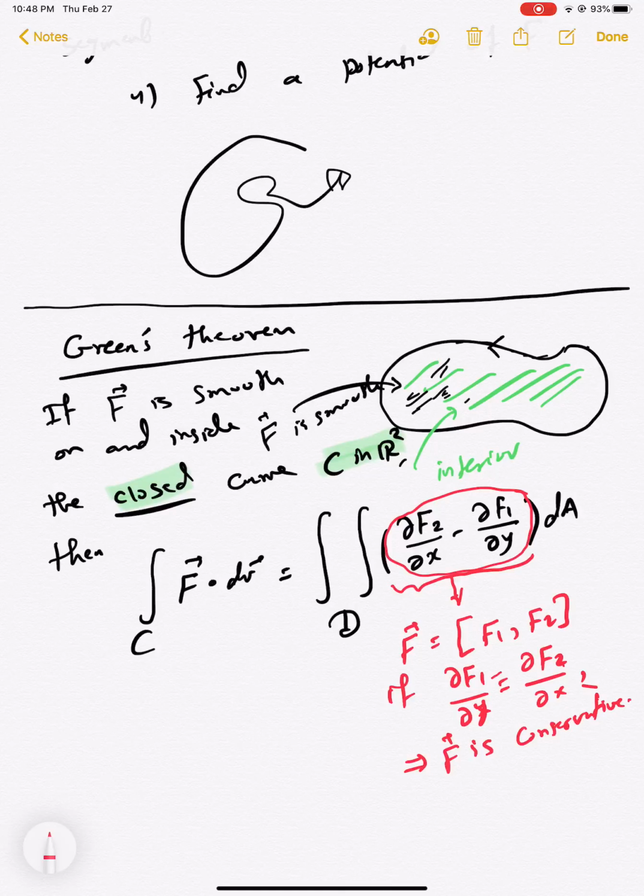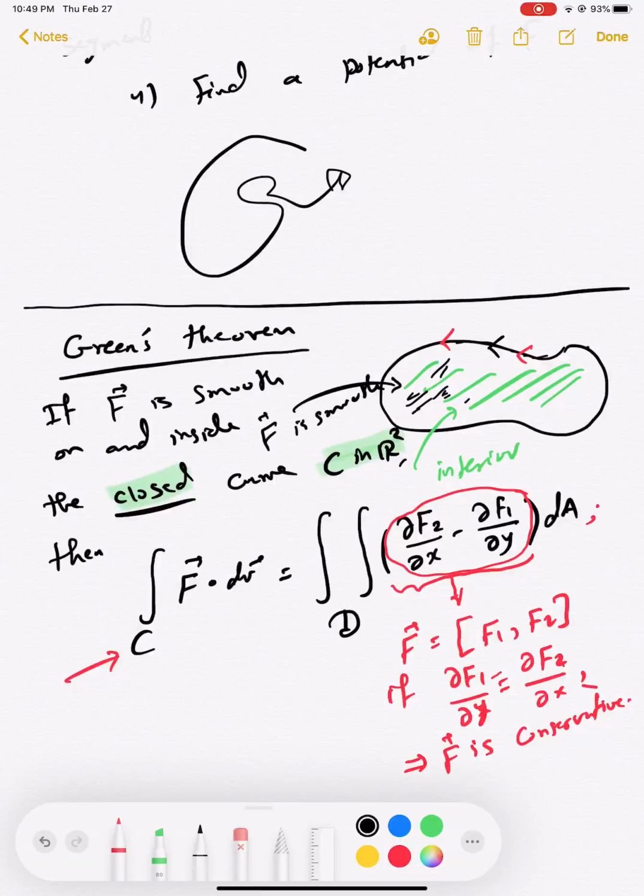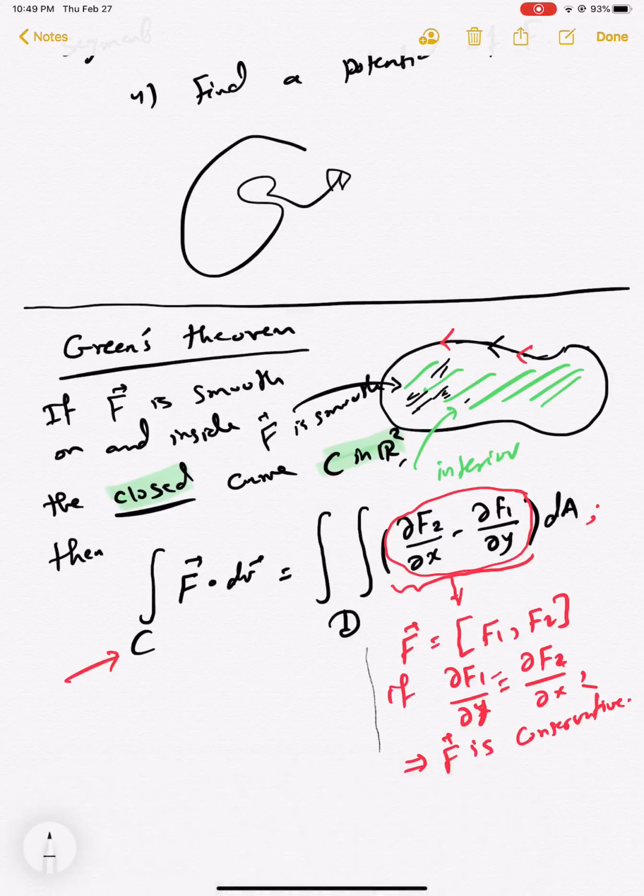But here, we have a question about the orientation. So, okay, we have this closed curve. What is the orientation? Are we moving this way, counterclockwise, or is it clockwise? So we need to clarify some notation here.